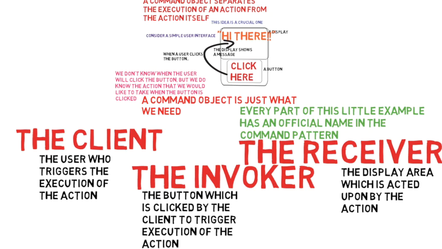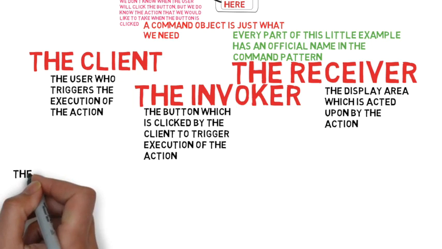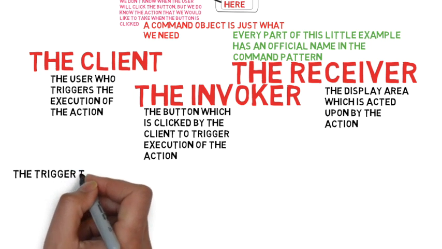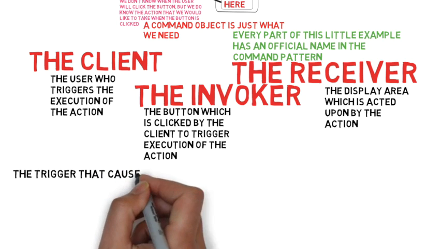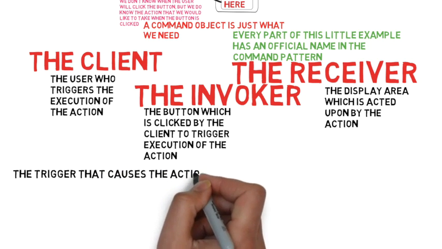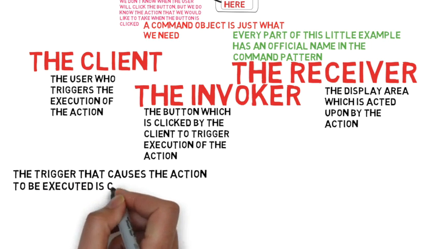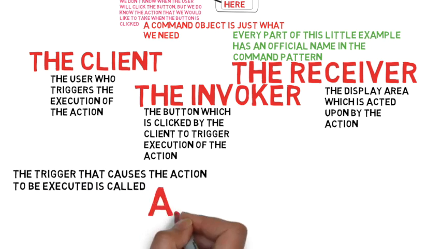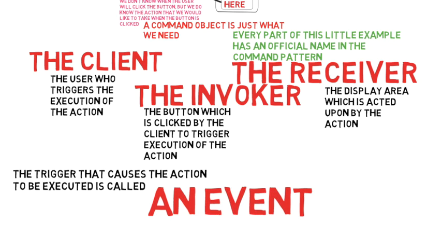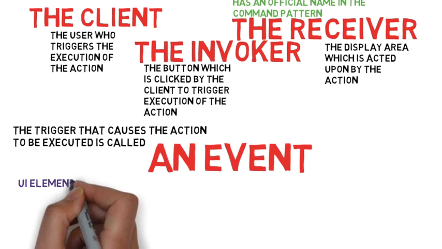So we understand the client, invoker, and the receiver. Now, the actual trigger which causes the action to be executed also has a name, and that is called an event. So this is the trigger.